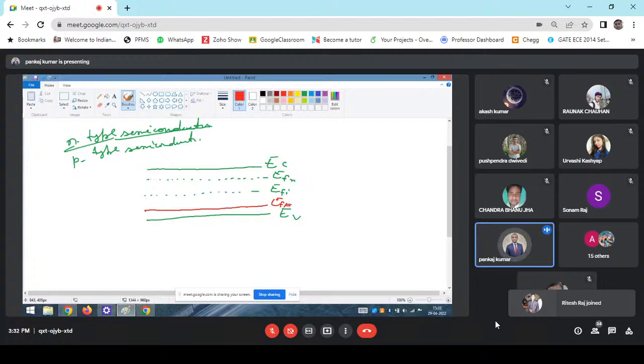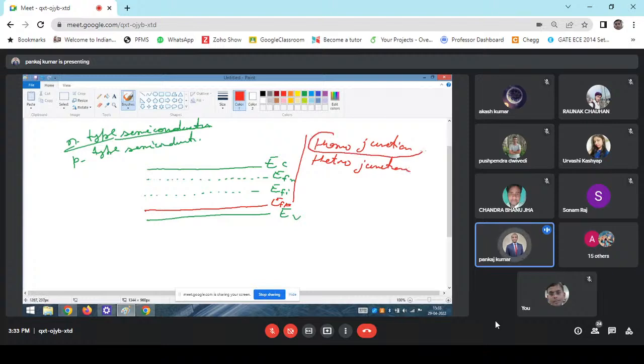Okay, so there can be two different types of junctions. One can be termed a homojunction, and another can be termed a heterojunction. In a homojunction, what happens? The same type of semiconductor forms the junction. Suppose I make a junction with silicon, having n-type silicon with a p-type silicon.